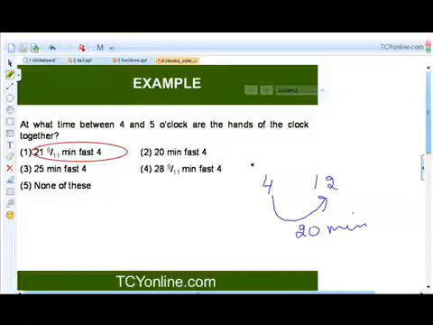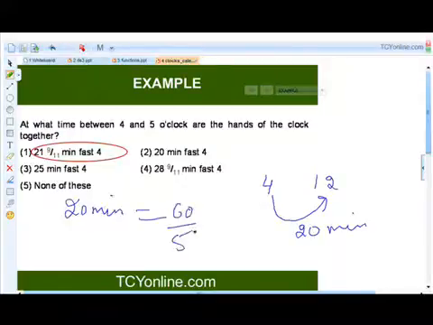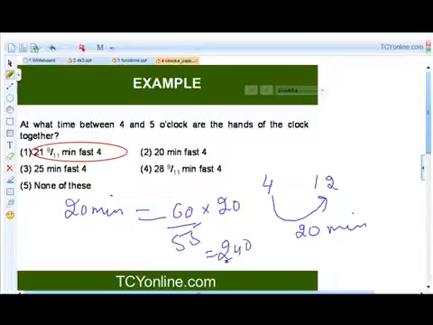To be together, the minute hand must gain 20 minutes over the hour hand. Now we know that 55 minutes are gained in 60 minutes. So 20 minutes will be gained in 60 over 55 times 20. That makes 240 over 11, or you can say 21 9/11 minutes.